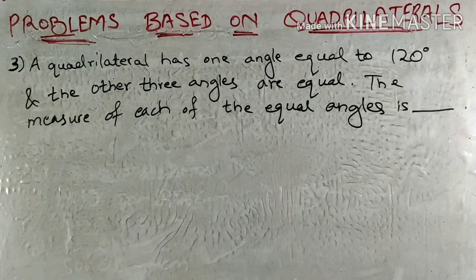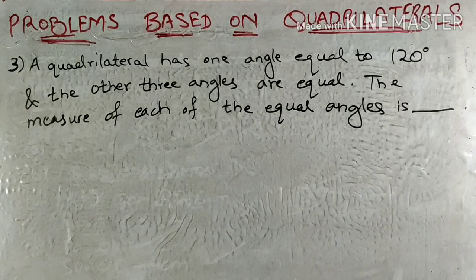Okay, so this third question. A quadrilateral has one angle equal to 120 degrees and the other three angles are equal. The measure of each of the equal angles is dash. Now here it is not specified which type of quadrilateral it is, but it is mentioned that one of the angles is 120 degrees and the other three angles are equal.